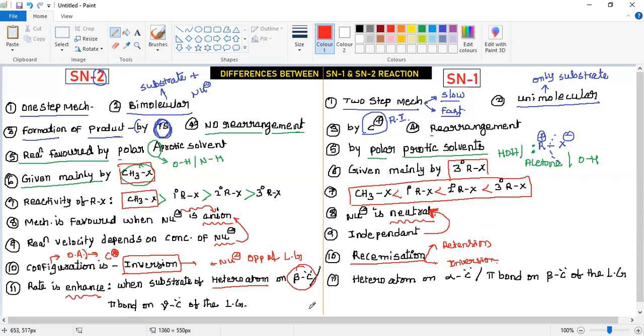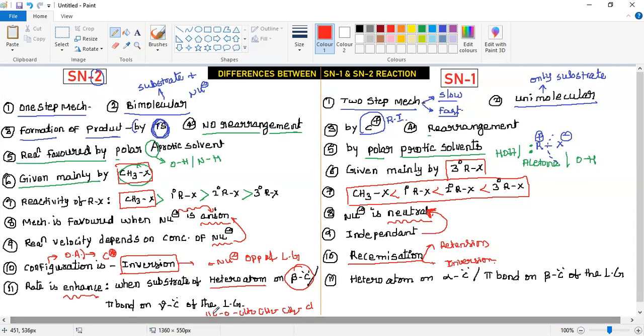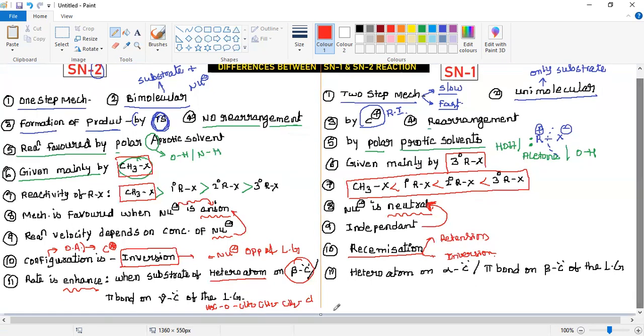Suppose this one is chlorine, ఇక్కడ ఒక కార్బన్ ఉంది CH2, ఇది ఆల్ఫా, ఇది బీటా, ఇది గామా అన్నమాట. దీనికి ఇంకొక డిఫరెంట్ ఆటం అటాచ్ అయ్యి ఉండాలి, like OCH3 type, like this.